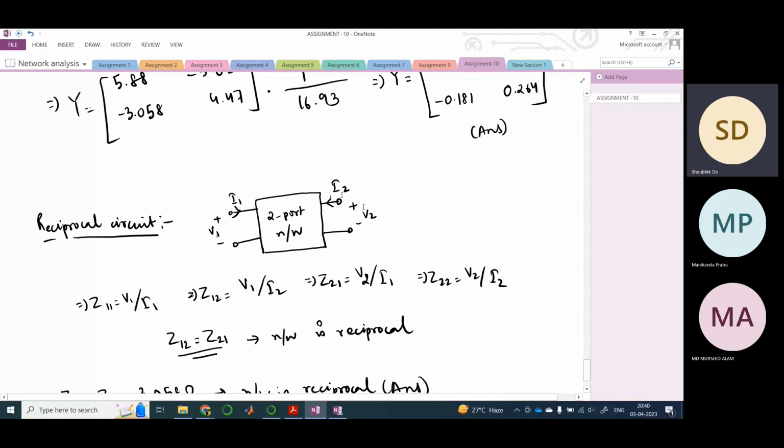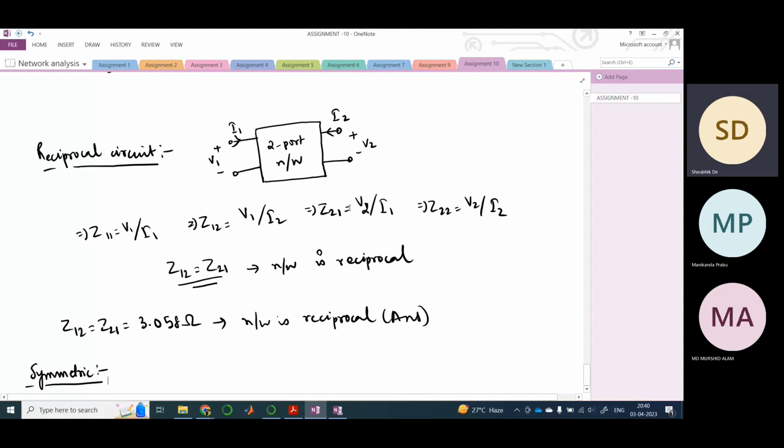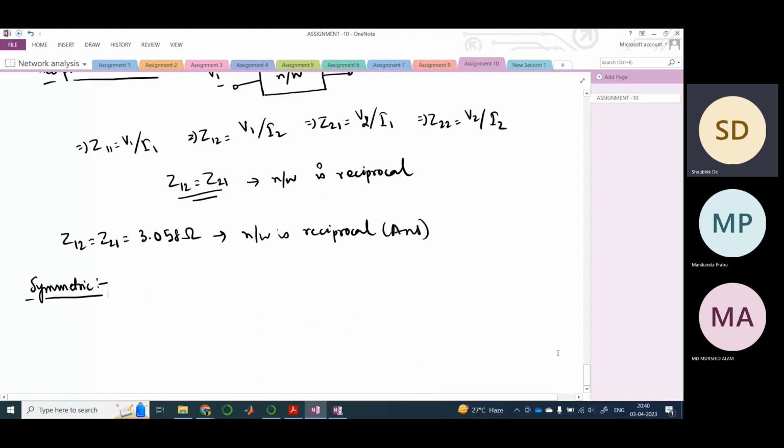So after exchanging, this is V2 I2 and this is V1 I1, then your circuit is considered to be symmetric.